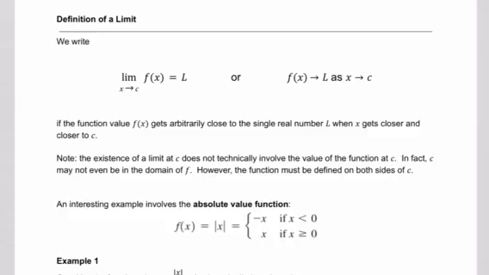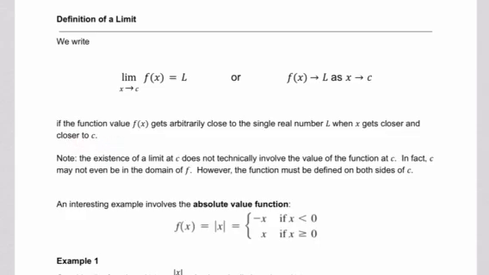So now let's take a look at the definition of a limit. We're going to look at a casual version of this. There's a more careful mathematical definition that you might come across someday, but for us, a casual definition is okay. We write this notation or this notation if the function f of x gets arbitrarily close to the single value L, the single real number L, when x gets closer and closer to c.